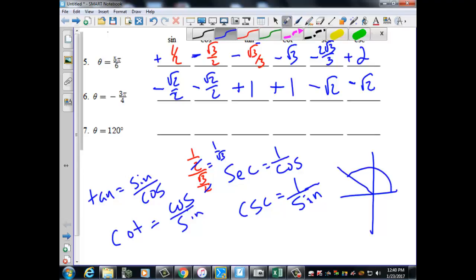What's the reference angle? 60. It's 60 degrees, right? Which we know 60 degrees is pi over 3. Okay.